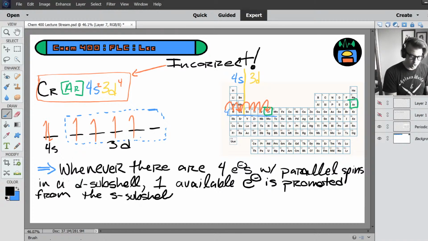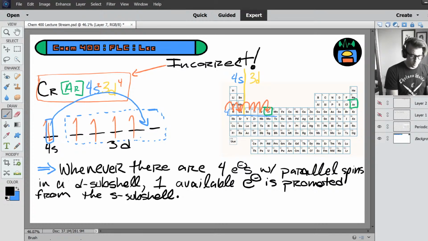The strength of the magnetic field of these 4 electrons in parallel is enough to steal one of the 2 electrons in the S subshell and promote it up into the D subshell.